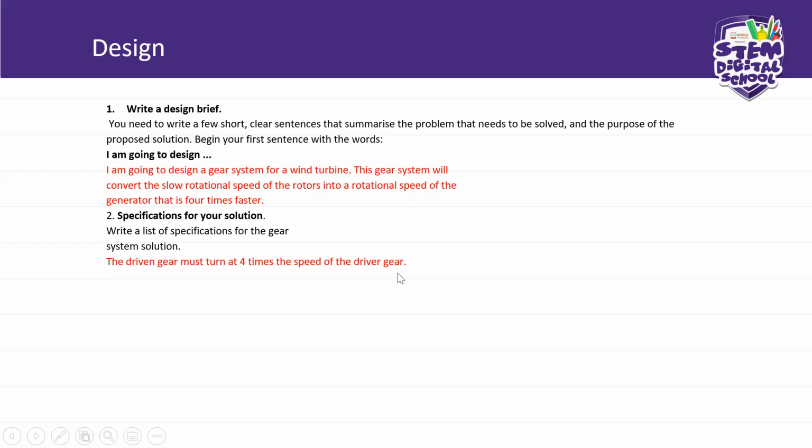So the size of the gears will inform that. Okay, so it means that the driven gear must be 4 times smaller than the driver gear. So you will get an output of a speed that is 4 times faster.